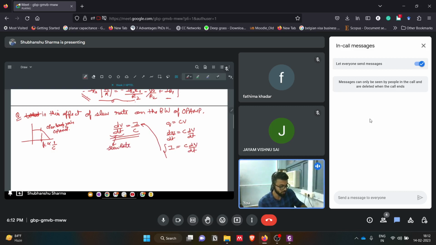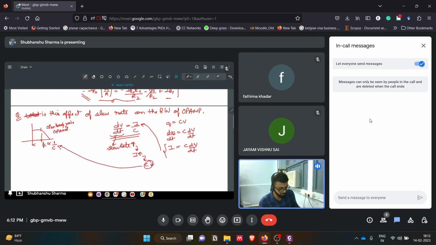Now, if you want to increase the slew rate, what will we have to do? Either we have to increase the current, which should be very high, or we have to decrease the capacitance. This capacitance is related to the bandwidth in this way.